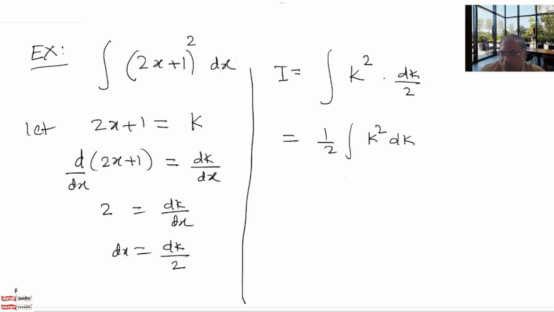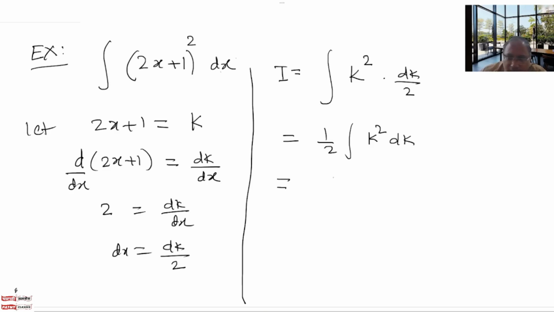You can observe how smartly we converted the given problem, without expanding it, to another standard variable k. So we converted from non-standard form to standard form by the substitution method. Whenever you put k, u, etc., the method is called the substitution method.